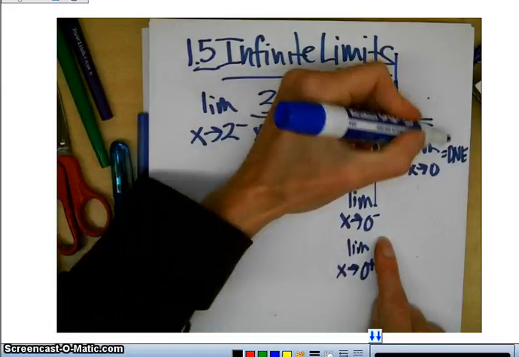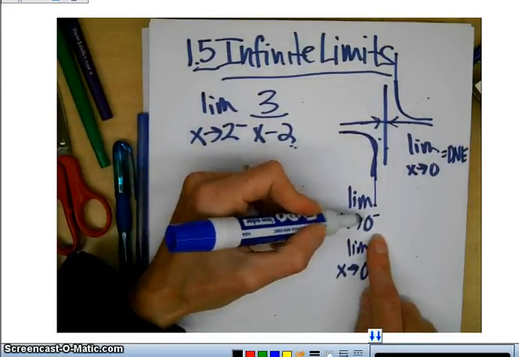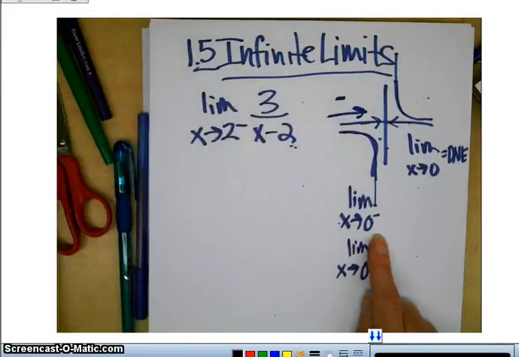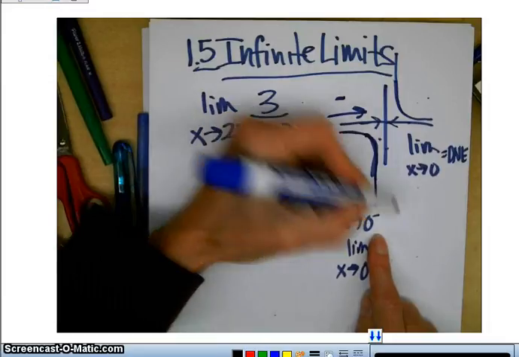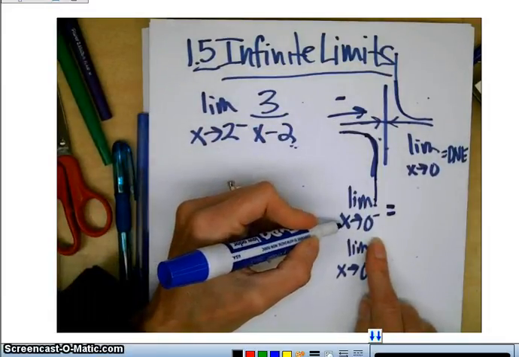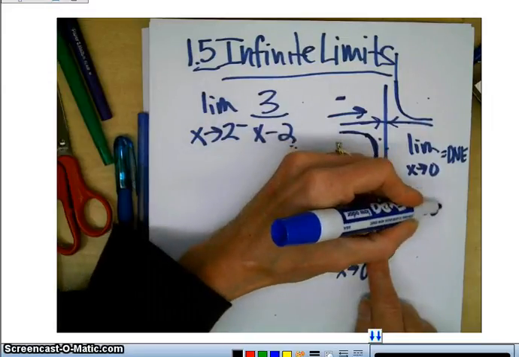We know the limit here does not exist, but the limit as x goes to 0 from the negative, where is the y value going? Negative infinity. So the answer to the limit as x goes to 0 from the negative is negative infinity.